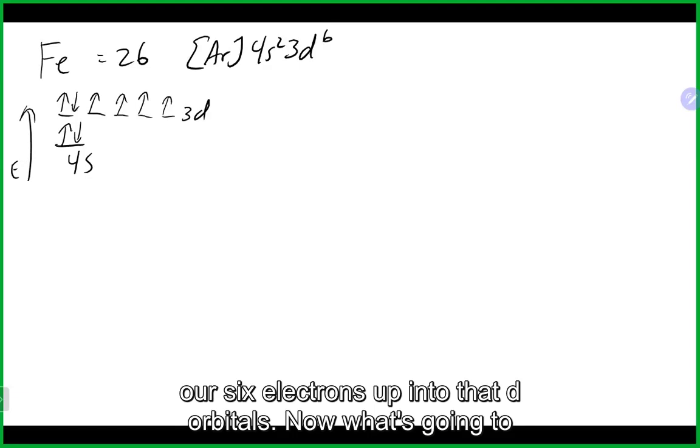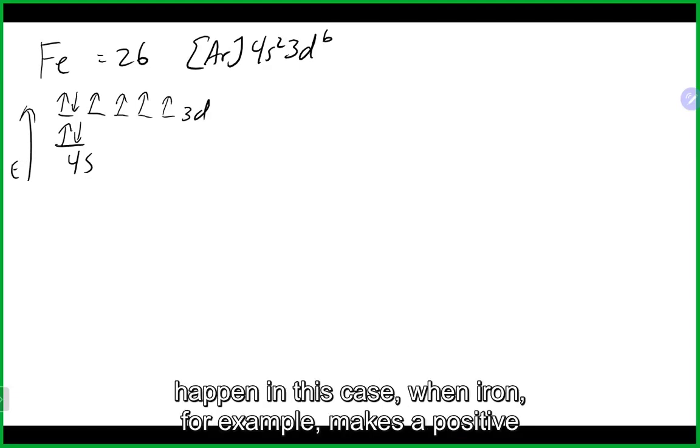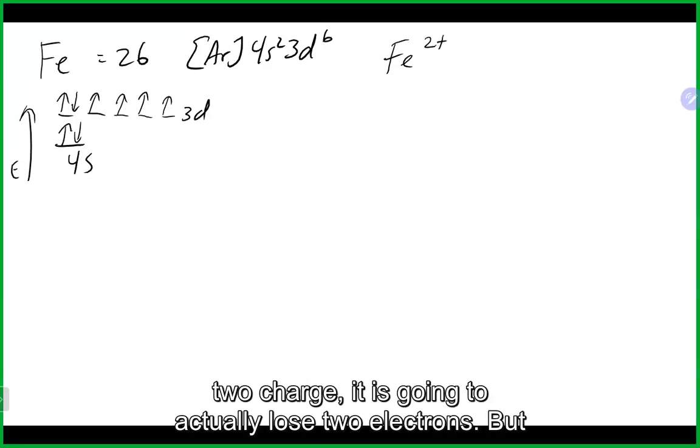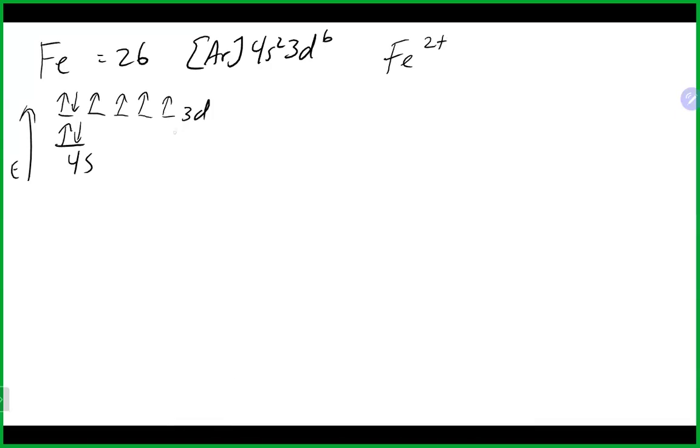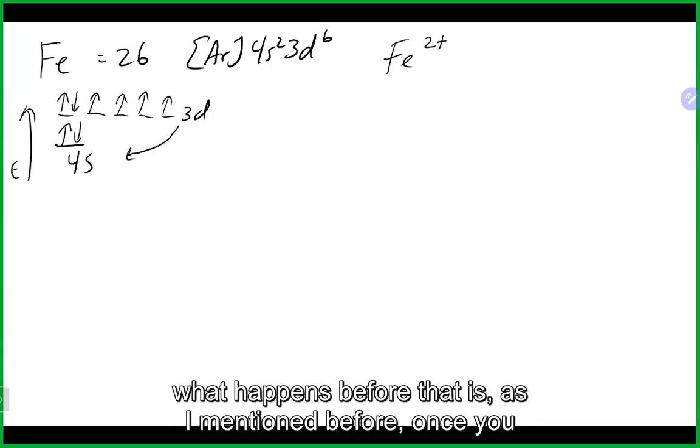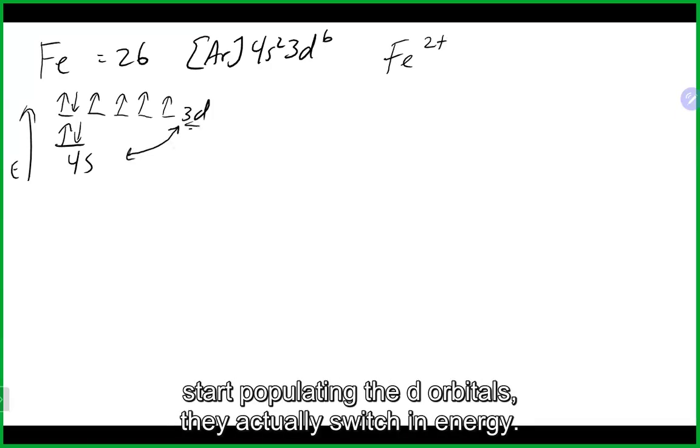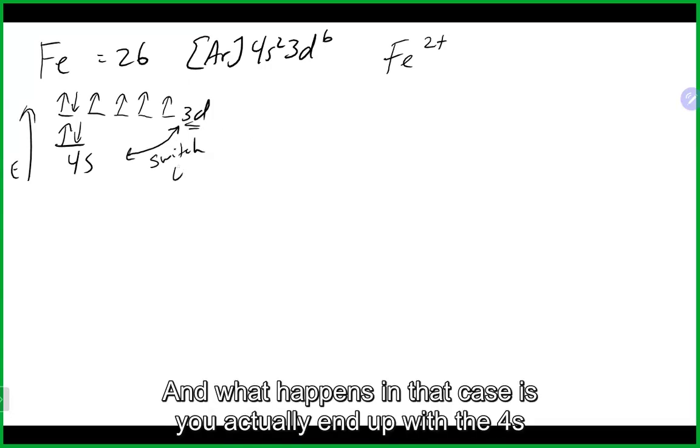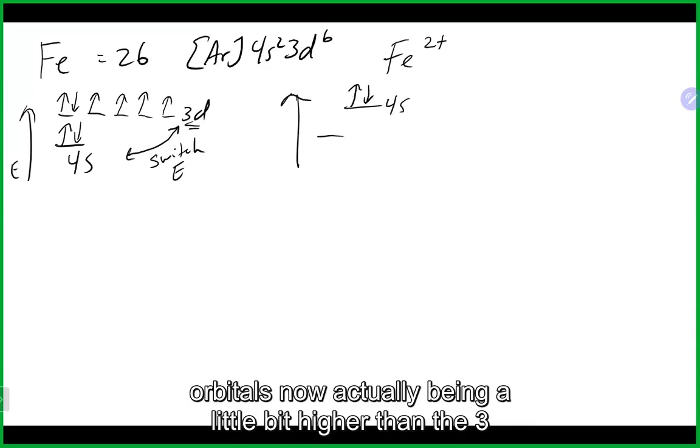Now, what's going to happen when iron, for example, makes a +2 charge is it is going to lose 2 electrons. But what happens before that is, as I mentioned before, once you start populating the d orbitals, they actually switch in energy. You end up with the 4s orbitals now being a little bit higher than the 3d.